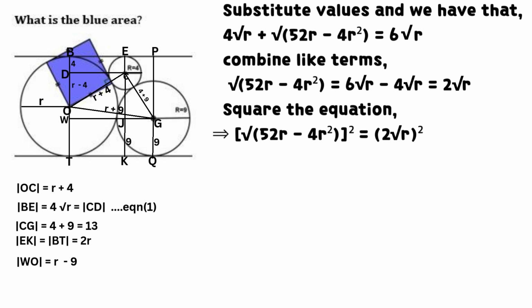Combine like terms. We have that the square root of 52 times R minus 4 times the square of R equals 2 times the square root of R. Square the equation as shown on the screen.